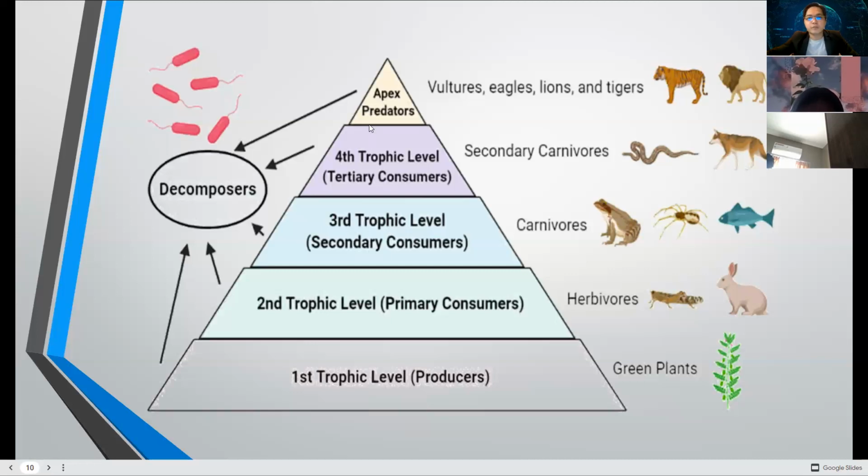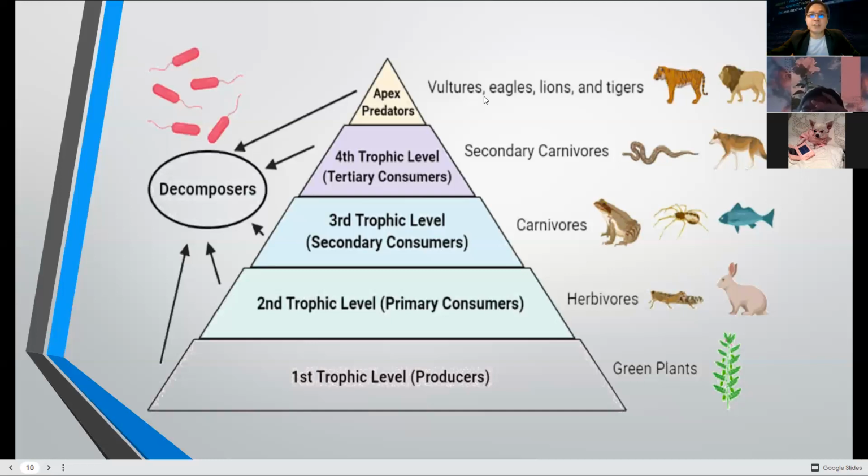So on with the fourth trophic level, it could be a carnivore or omnivore. And of course, the apex predator is included in the fourth trophic level. The tertiary consumers, which are your scavengers, the vultures, eagles, lions, tigers.